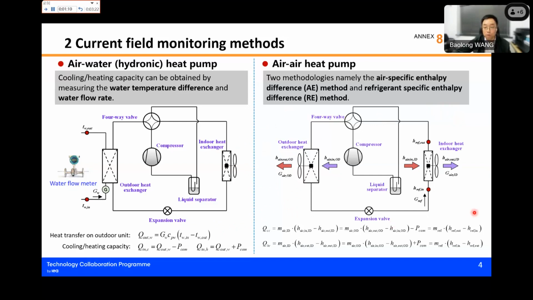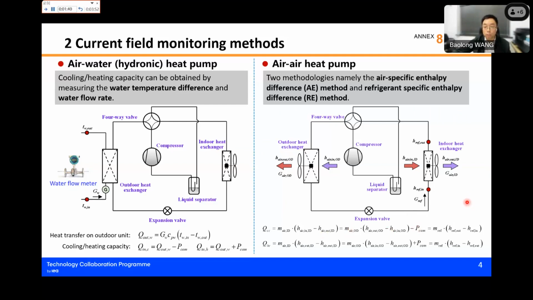Actually, in this field, we always use 2 kinds of methods. One class is the air specific enthalpy difference method, which means that we test the air volume, air mass flow rate, and also the inlet temperature and humidity of the inlet air, and also the temperature and humidity of the outlet air. So that's one kind of method.